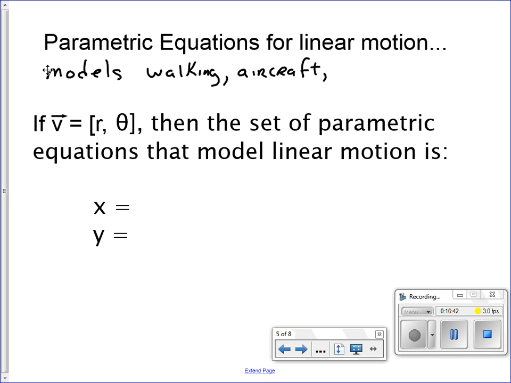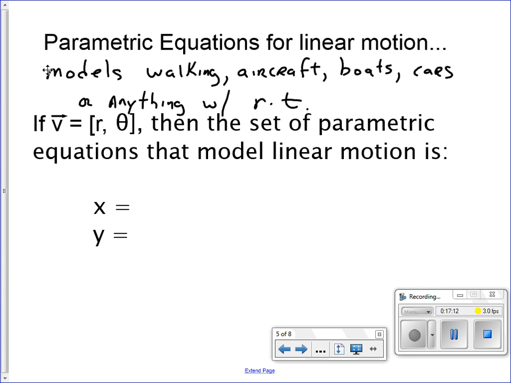Boats, cars, hiking, or anything with rate times time, where we are traveling at some specific rate.